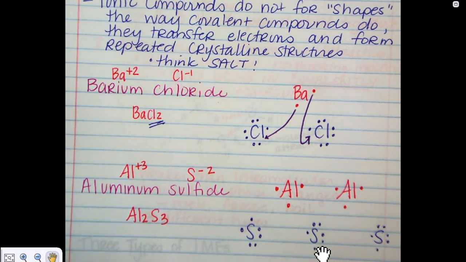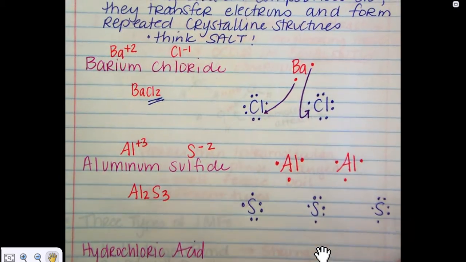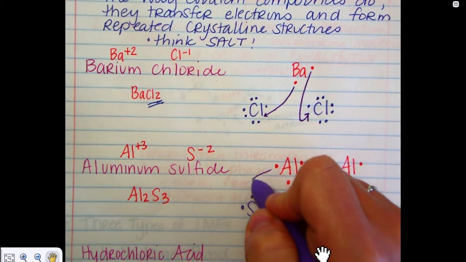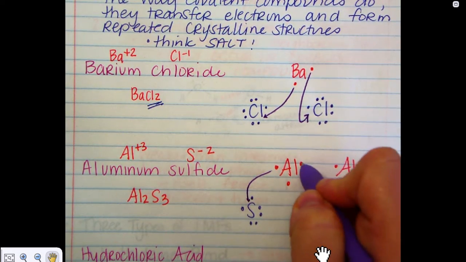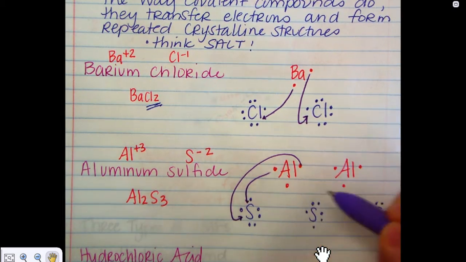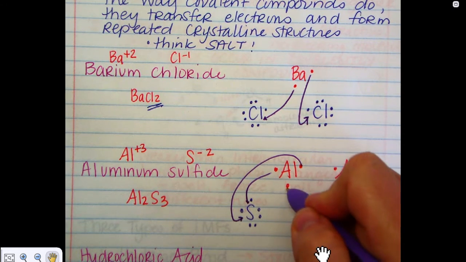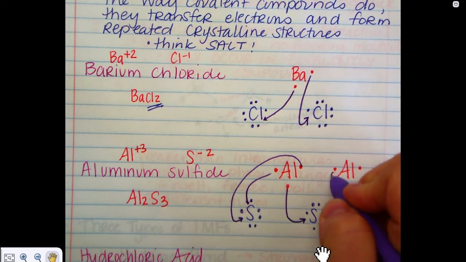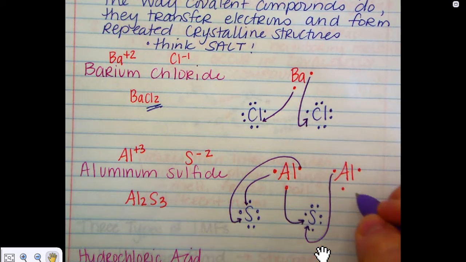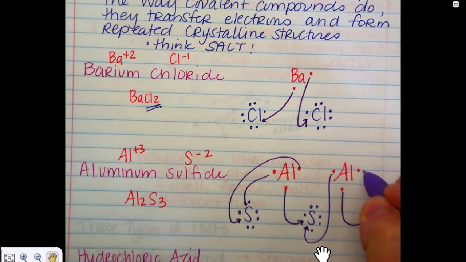And then I'm just going to start moving electrons until I run out. So this electron can go here, and this electron can go there. Now, I have one more electron and no more spots. That's okay. That's why I have 3 sulfurs. So here, this one goes here, and this one goes here, and so on.